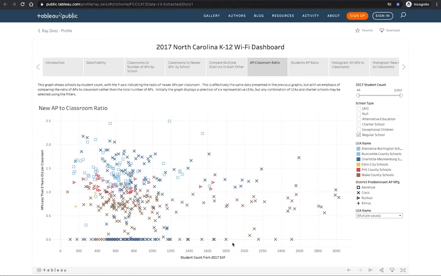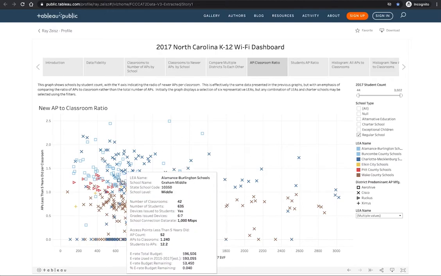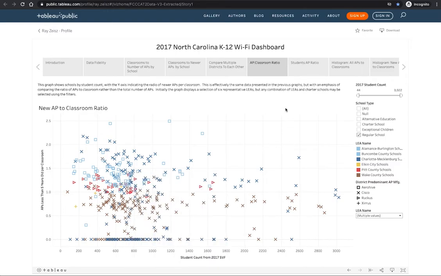This is the other way of looking at it, is students to access points. So I think we determined that around 11 students per access point worked out to be about 1.2 access points per classroom. So there's obviously a correlation in the number of students and the number of classrooms. Law of large numbers across the state with 2,600 schools, you're going to come up with a reasonable number when you do an average like that.